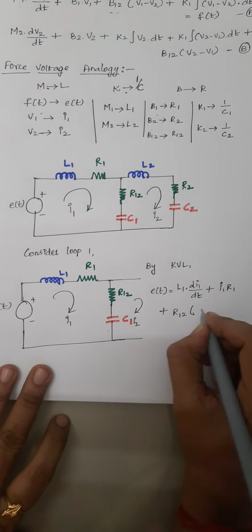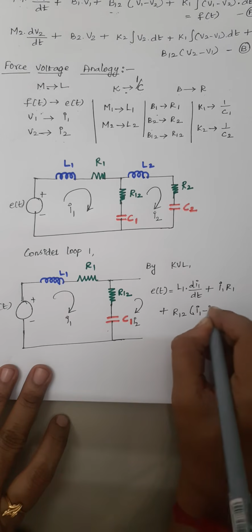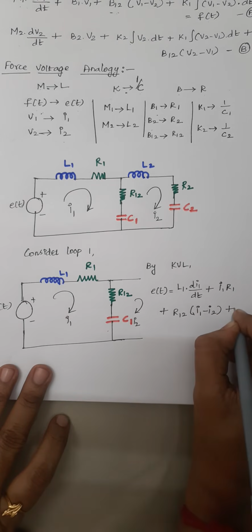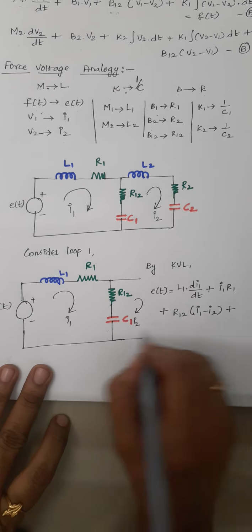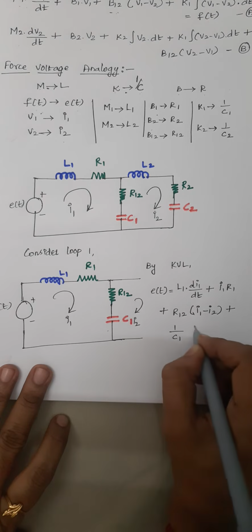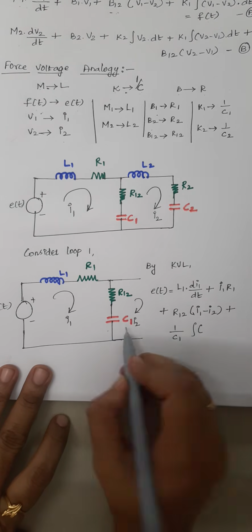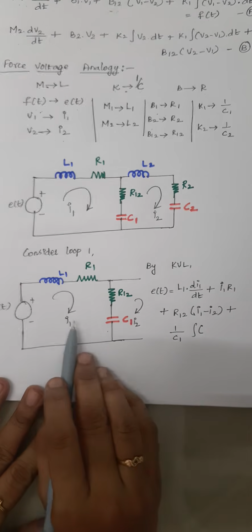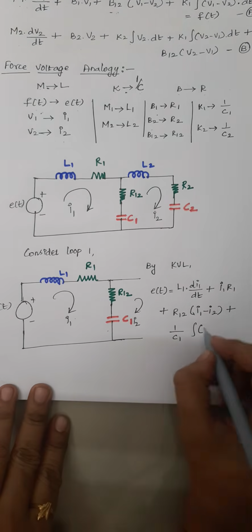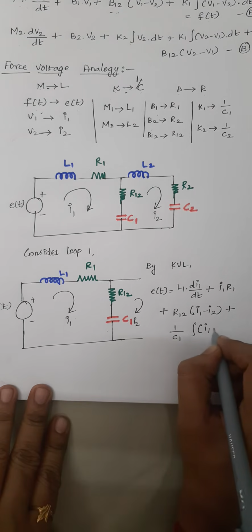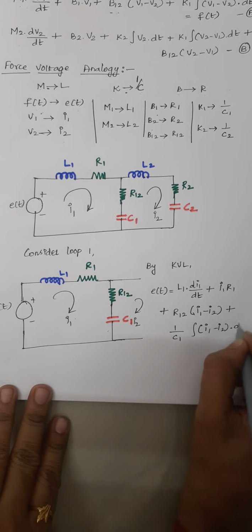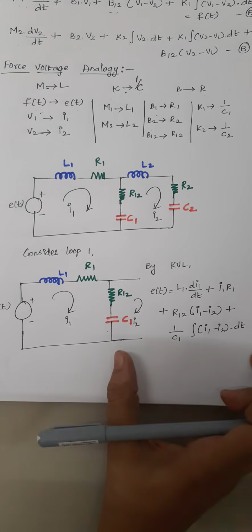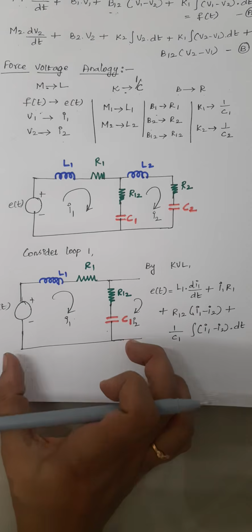So I have to write it as I1 minus I2. Plus again while writing the equation for the capacitor, 1 by C1 into integral of, again this C1 is common for loop 1 and loop 2. So here I am writing I1 minus I2 into dt. This is our respective expression for loop 1.